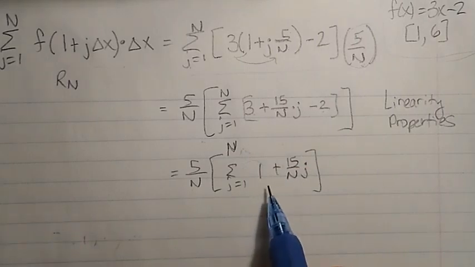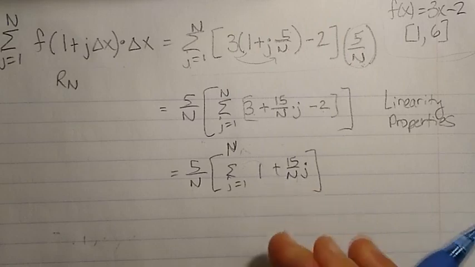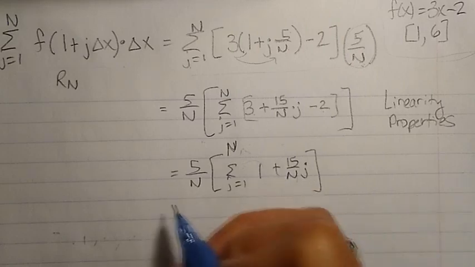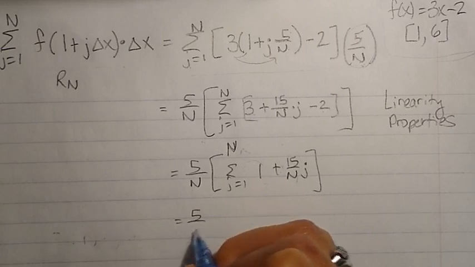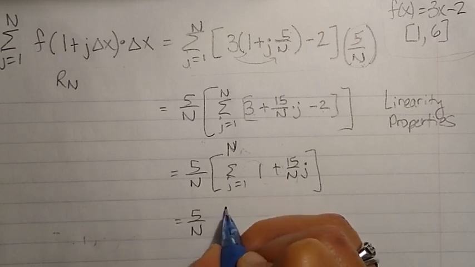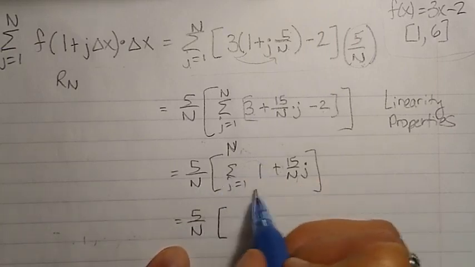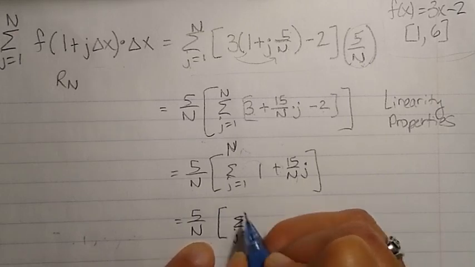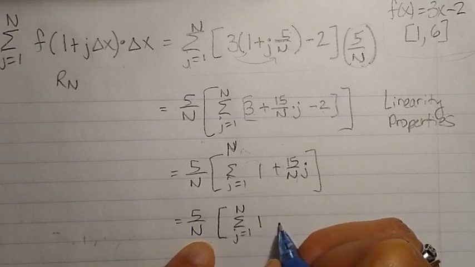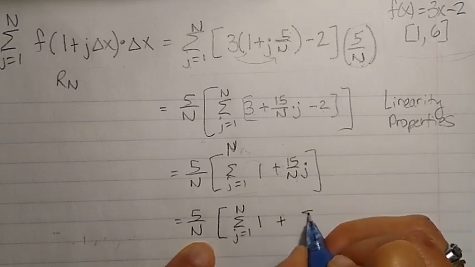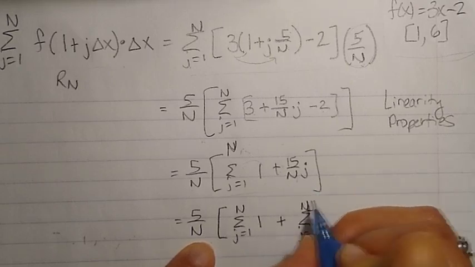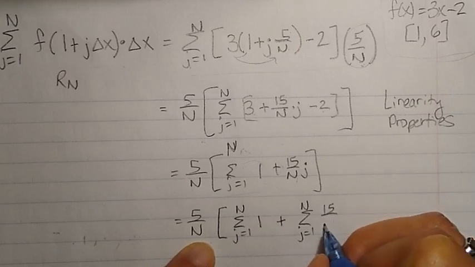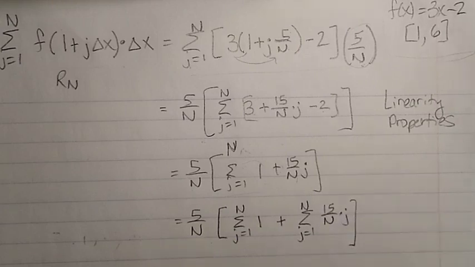By using my linearity properties, the sum of a sum, I can break those 2 apart. Previous line is equal to the next line: summation as j goes from 1 to n of just 1, as well as the summation as j goes from 1 to n of 15 over n times j.